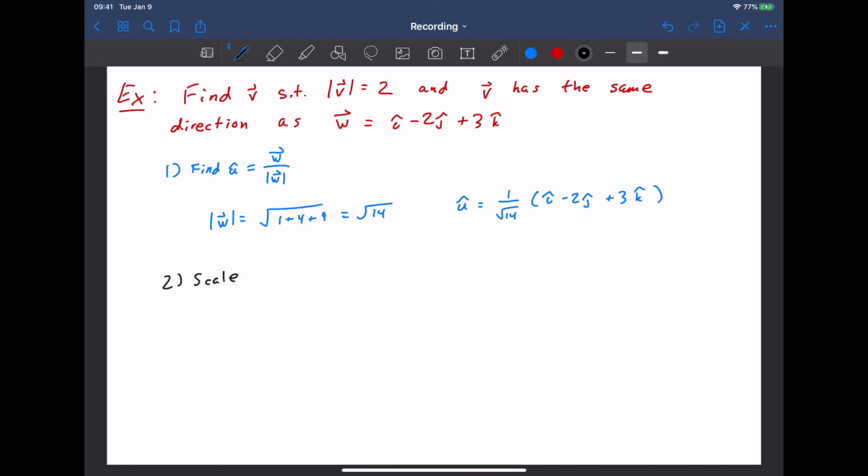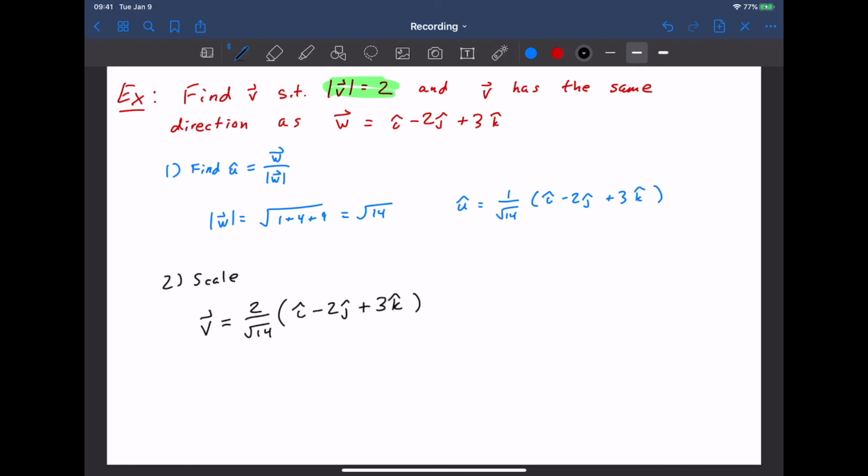I just want to multiply by the magnitude 2 up here, the start of the problem, to make sure the length is 2. We have a unit vector with length 1. We want the length to be 2, so we'll just multiply by 2. v equals 2 over root 14 times the rest of the components we already found.